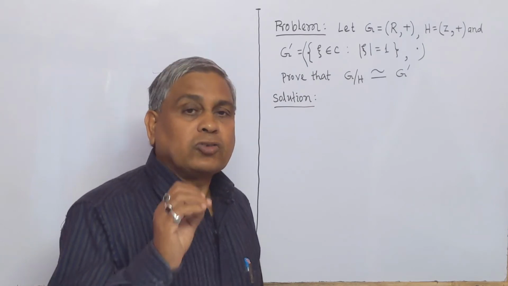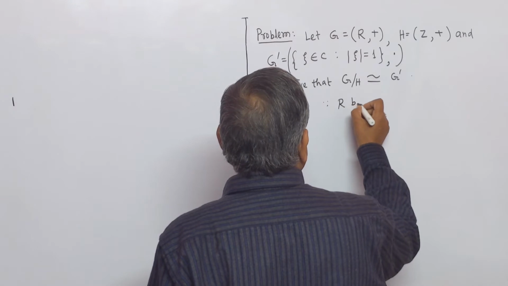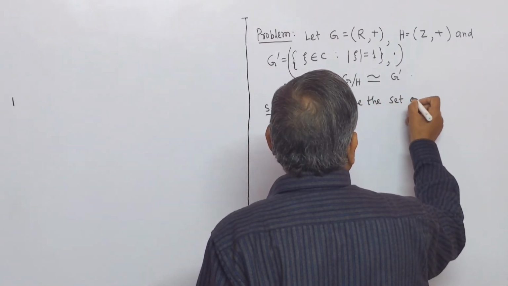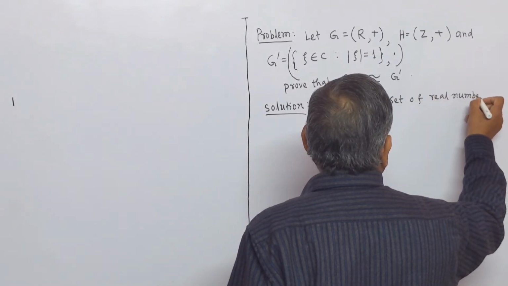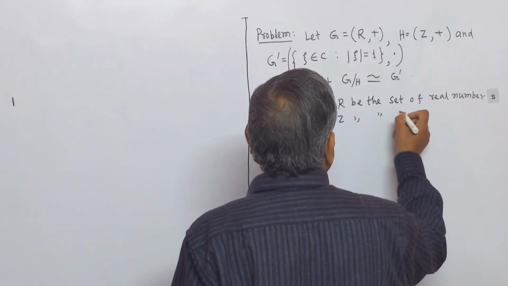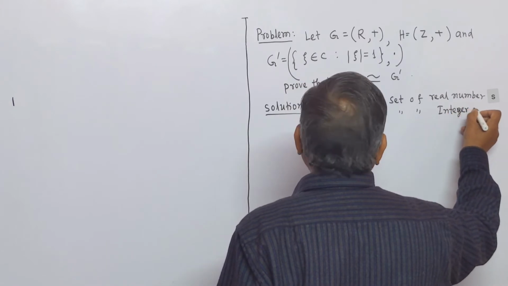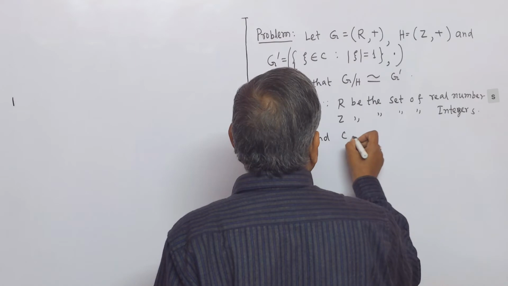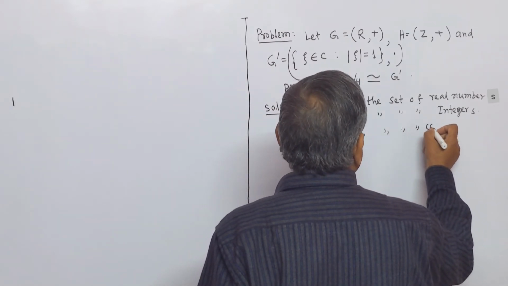Now we solve this. Let R be the set of real numbers, Z be the set of integers, and C be the set of complex numbers.